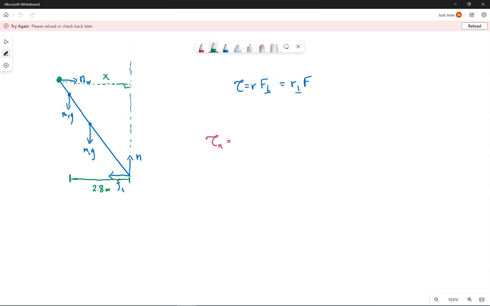This horizontal distance is perpendicular to this normal force. We can say that the torque created by the normal force is that horizontal distance times the force. It's 2.8 times the normal force.